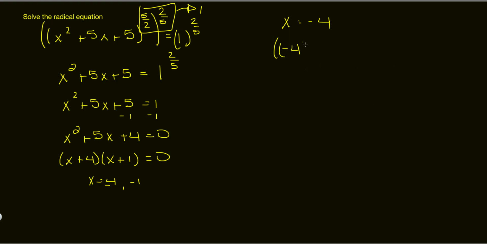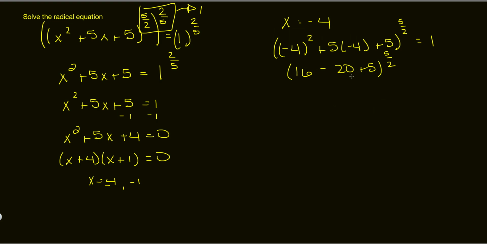Negative 4 squared. Make sure the parentheses go around the negative 4 because even that negative is getting squared. Plus 5 times negative 4 plus 5 to the 5/2 equals 1. Well, negative 4 squared is 16, minus 20, plus 5, to the 5/2.